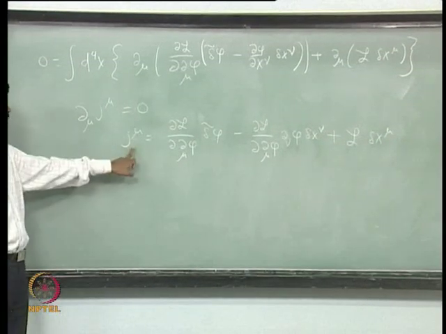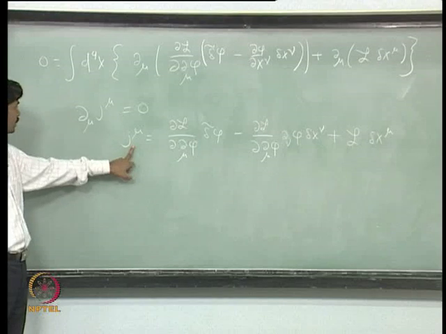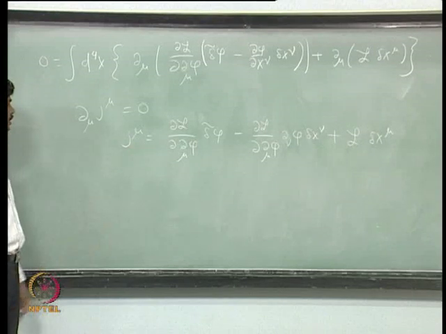This is the most general conserved current for the transformation under consideration.